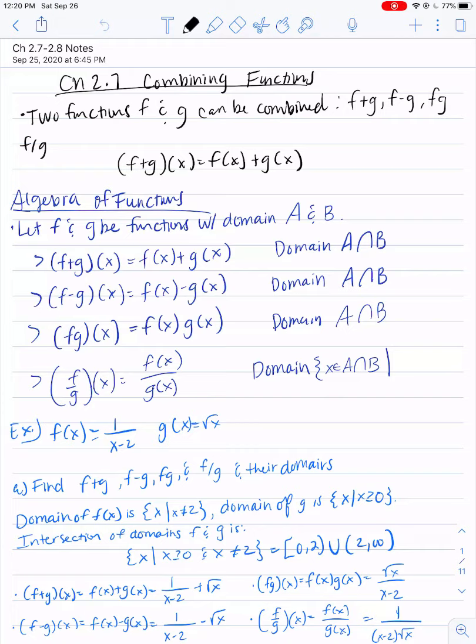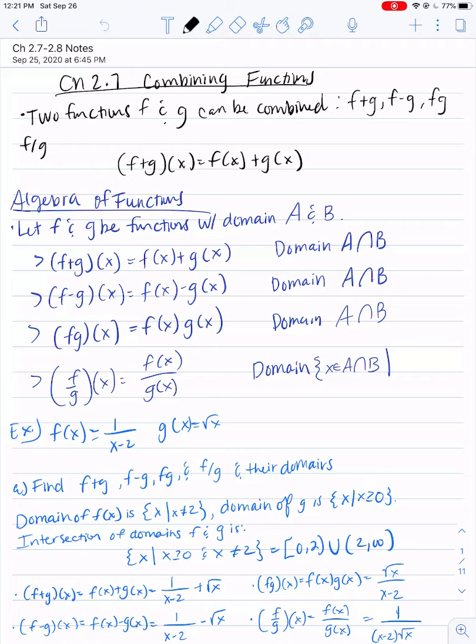Let f and g be functions with domains A and B. Our (f plus g)(x) equals f(x) plus g(x), and our domain is going to be the intersection of the domains A and B. Our (f minus g)(x) equals f(x) minus g(x). (fg)(x) equals f(x) times g(x), and then (f over g)(x) is f(x) over g(x).